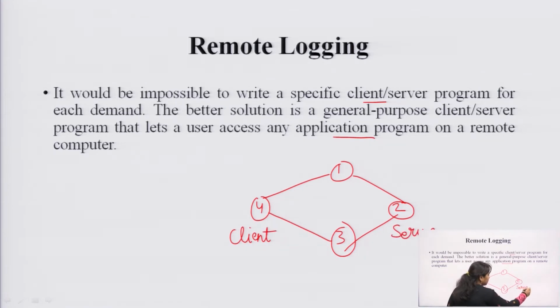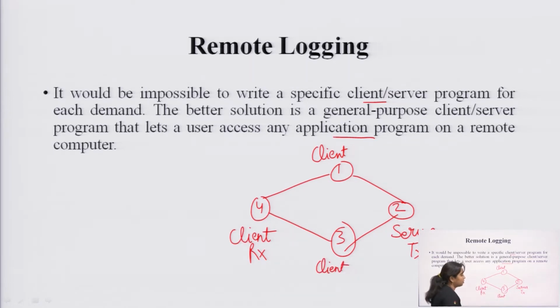The server is the transmitter and the client is the receiver. Here this is client 1, this is client second and this is client third. These are the 3 clients which are connected to a single server. Whenever any client wants to access any device that is connected to this server, it will ask for a particular connection to be set up between the client and server, and then the information will be transmitted.